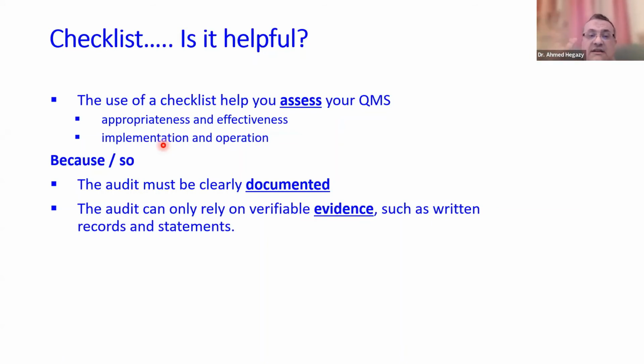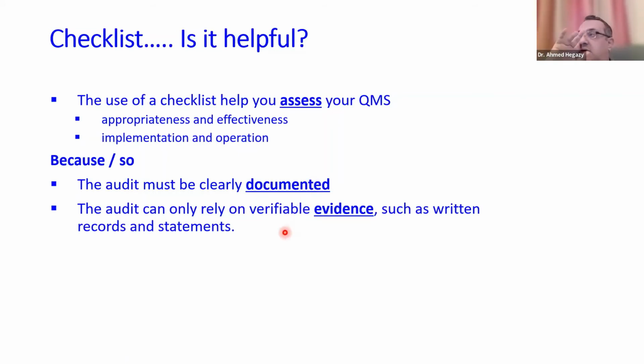The audits and the auditors must be clearly documented. Sometimes you tell the auditor, I did this and did that. I say, okay, I fully trust you, but show me. Because if it is not documented, the auditors say it is not done. If it is not documented, it is not done. Everything should be documented and archived or maintained in an appropriate place.